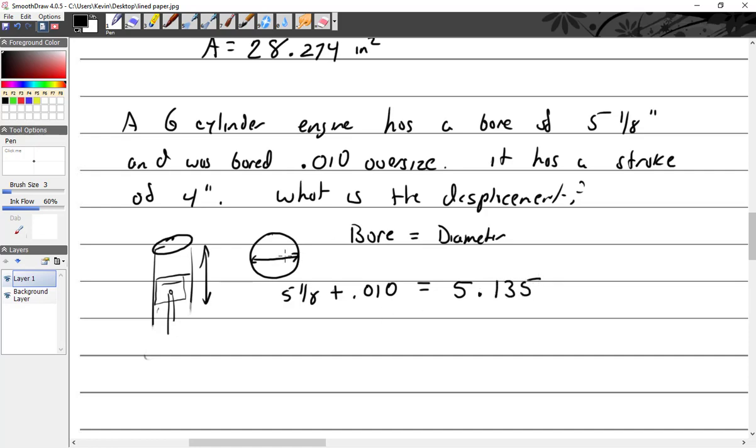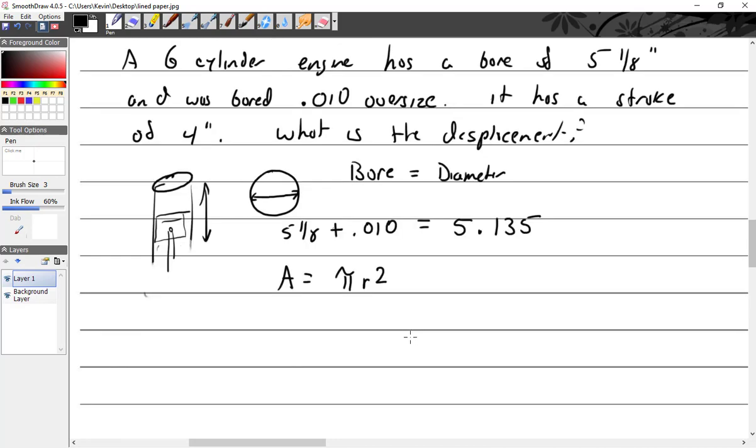We need to figure out, number one, the area of this piston that's going up and down. So the area equals pi times the radius squared. Well, what's the radius? The radius is 1/2 the diameter.